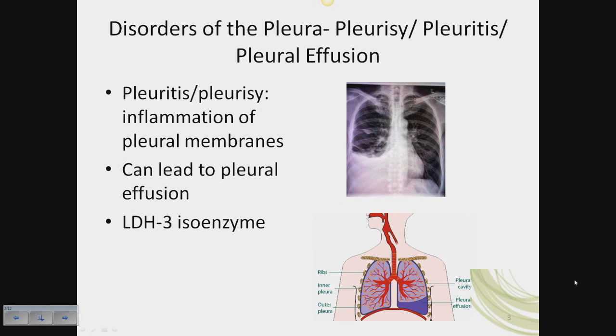And yet again, we're going to see the same thing over again: changes in capillary permeability, the KF. We're going to see changes in capillary hydrostatic pressure because of arterial dilation. So again, all of this is going to lead to pleural effusion.